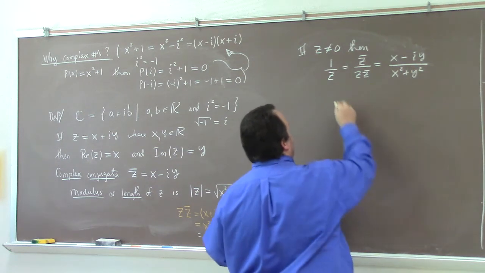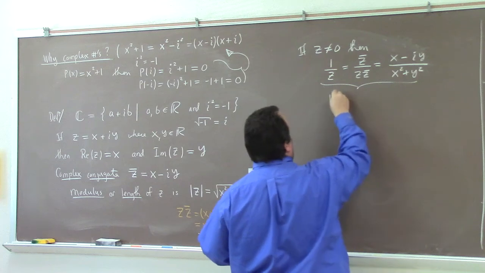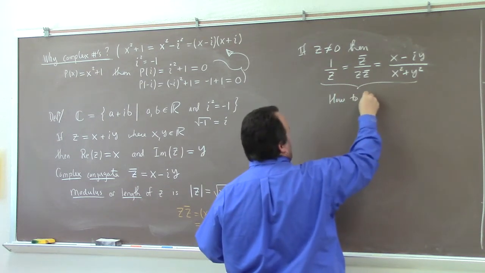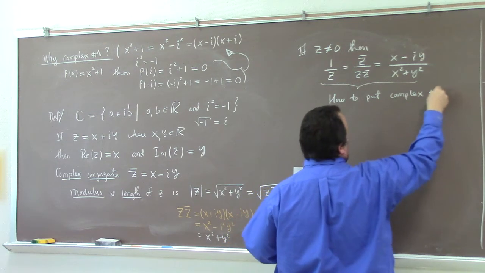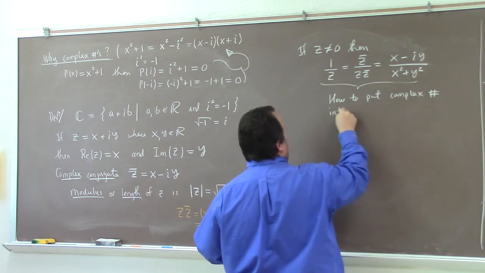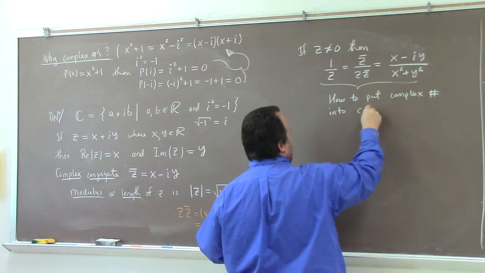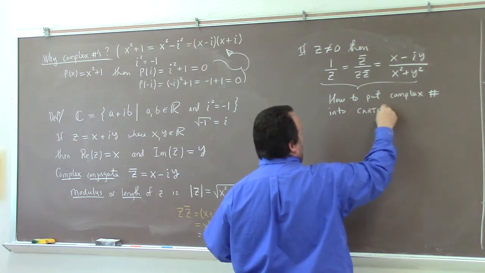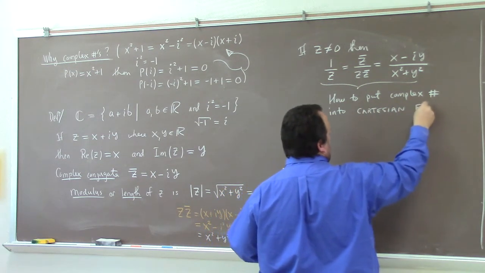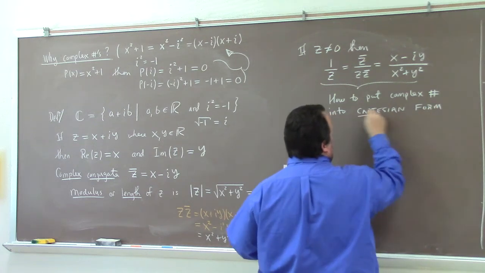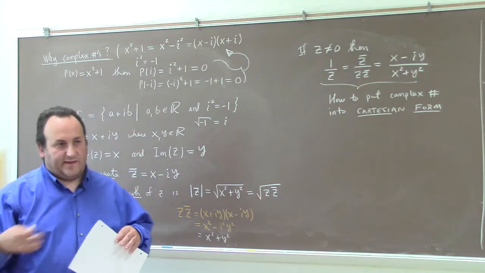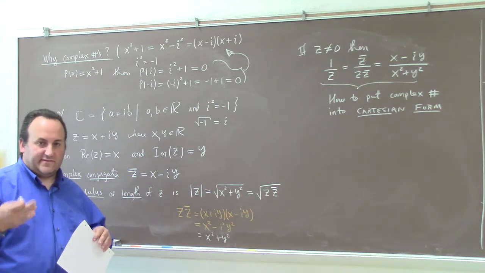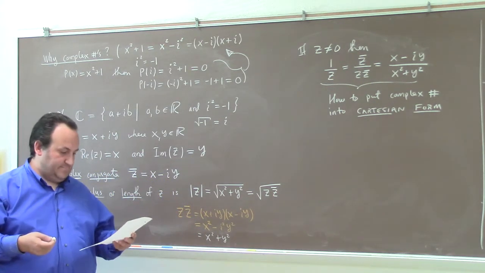This formula shows you how to put a complex number into Cartesian form. What's the Cartesian form? The Cartesian form of a complex number means you write it in the standard form, like a plus ib or x plus iy. It's the real part plus i times the imaginary part.